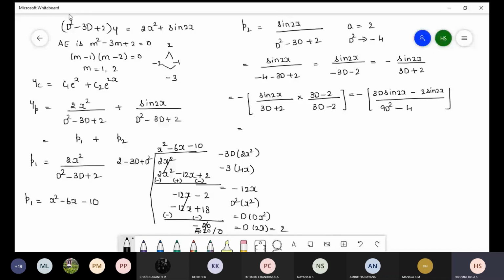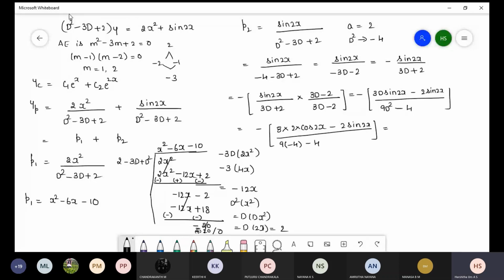So minus of 3 into 2 into cos 2x minus 2 sine 2x divided by 9 into minus 4 minus 4.